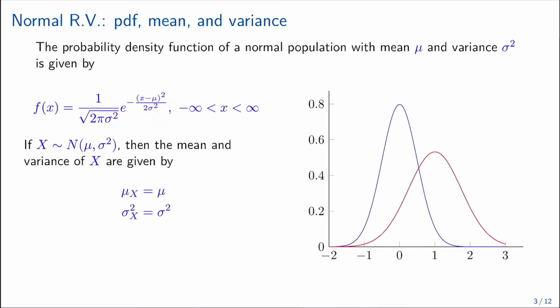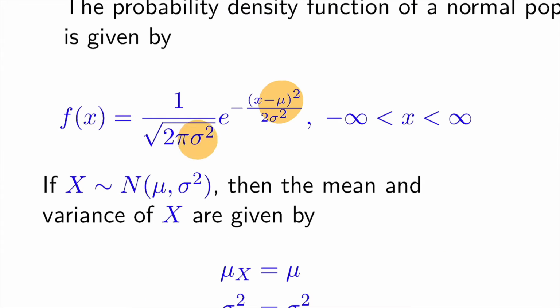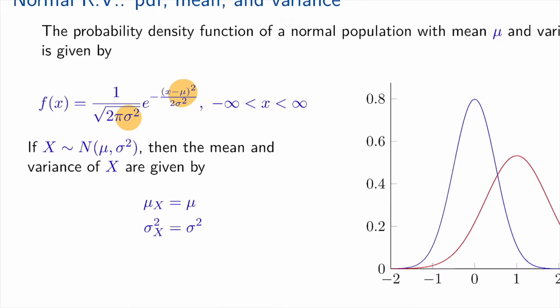We can see that it is written in terms of mu and sigma. So they are the two most important parameters. So we say that x is distributed as normal with mean mu and variance sigma squared. And of course, the mean and the variance of x are given by mu and sigma squared.